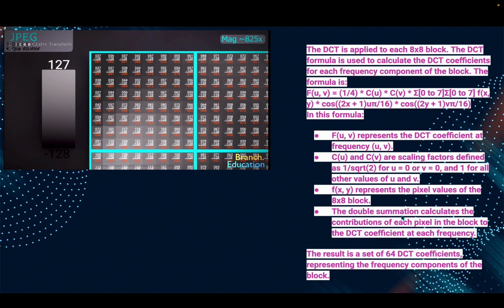The double summation calculates the contributions of each pixel in the block to the DCT coefficient at each frequency. The result is a set of 64 DCT coefficients representing the frequency components of the block.